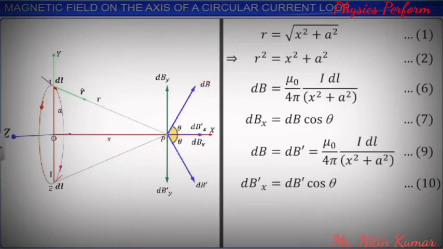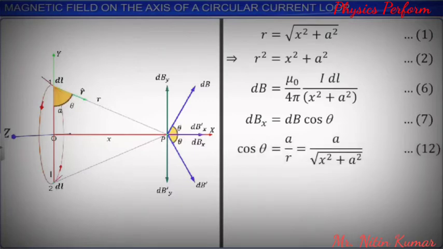By the geometry of the figure, the angle between the radius of the circular loop and the line joining the element to the point P is theta. Cos theta is equal to A by R, which is equal to A by square root of x square plus A square. Let this be equation 12.